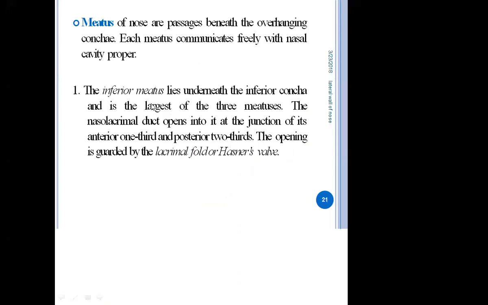So what are meatuses? The meatuses of the nose are the passages beneath the overhanging conchae. Each meatus communicates freely with the nasal cavity proper.